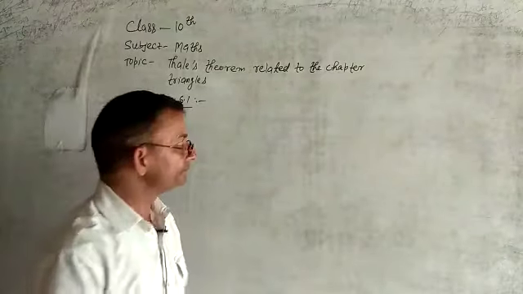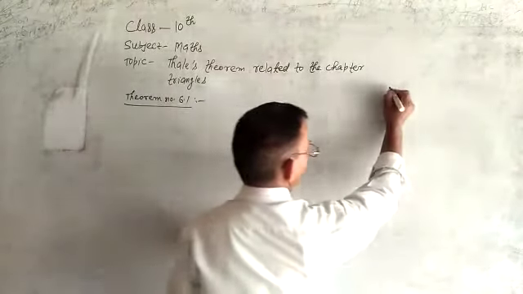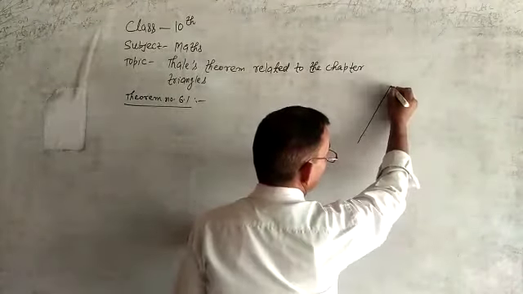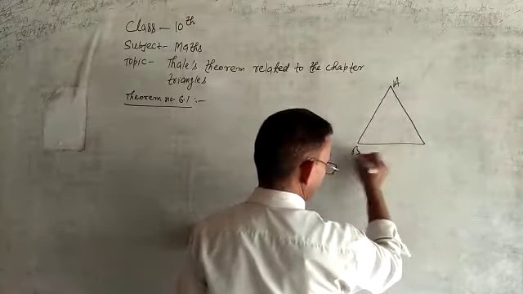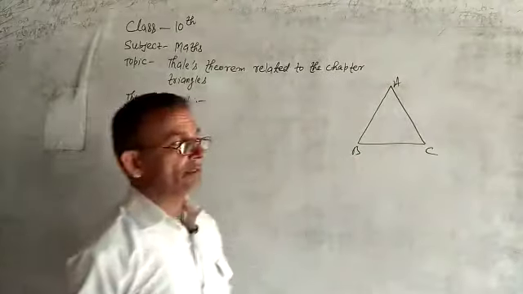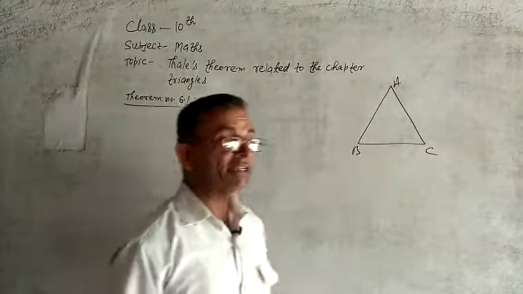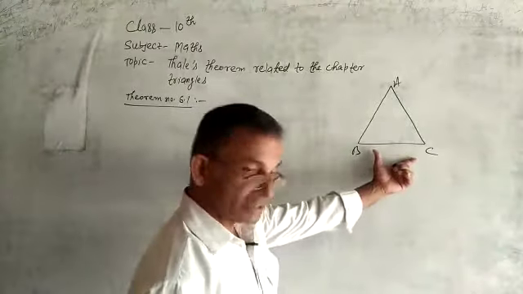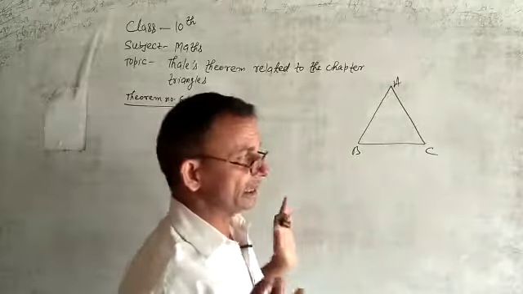See the figure. In the figure, ABC is a triangle. It has three sides. Suppose BC is the first side, AB is the second side, and AC is the third side.